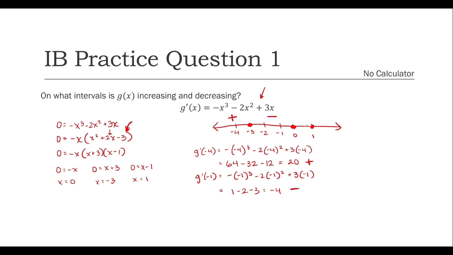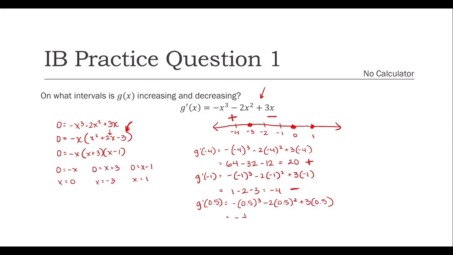In between 0 and 1, we can plug in 0.5. So g prime of 0.5 equals negative 0.5 cubed minus 2 times 0.5 squared plus 3 times 0.5. 1/2 cubed is going to be 1/8.